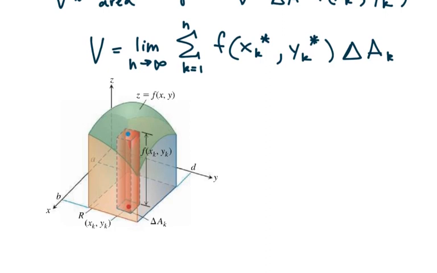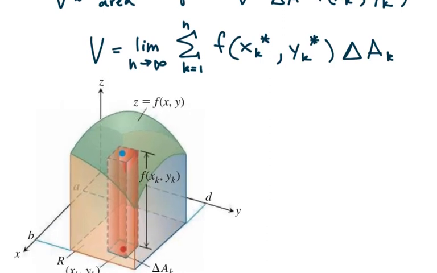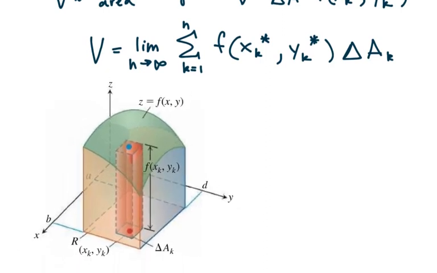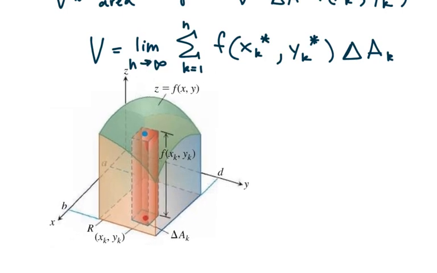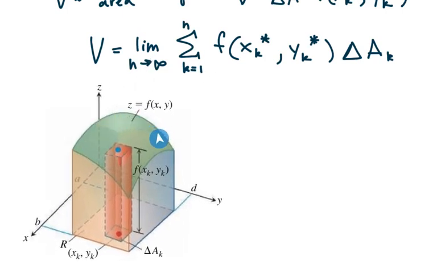So just to reiterate, I've pulled in here this picture from the text because I think it looks a little nicer. So we have this green surface here, and we want to find the volume over this rectangular region between A and B on the x-axis, and you can't see it, but there's a C and D here on my y-axis.